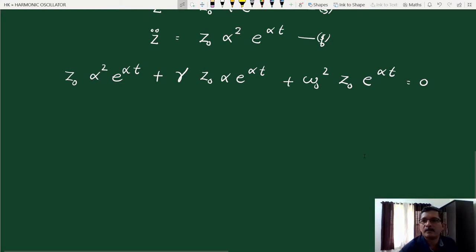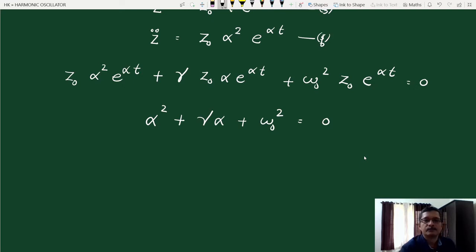In fact, we can remove z0 e raised to alpha t from all the terms. Then what do you get? Alpha square plus gamma times alpha plus omega 0 square equal to 0.